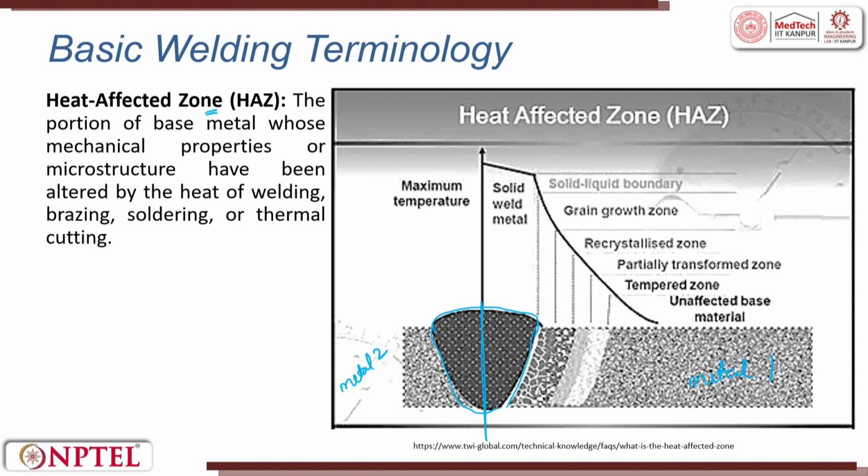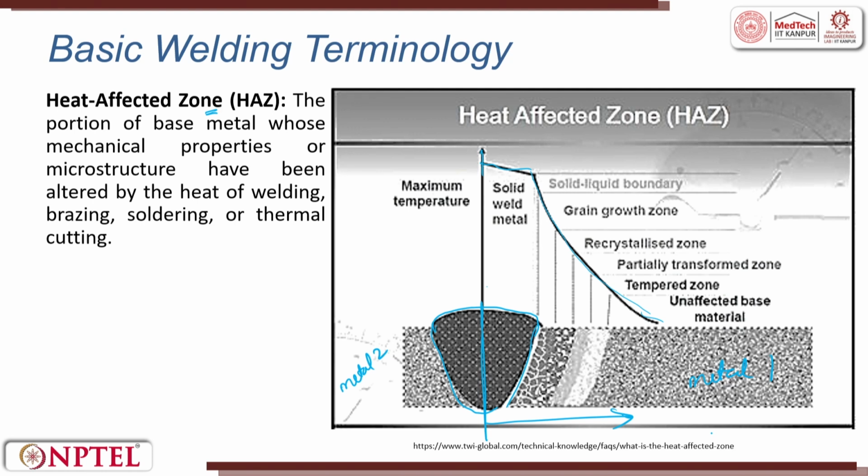Here there will be a lot of heat. When we take the cross section, you can see at the middle portion there will be maximum temperature. As you move along the axis, you will see there is a profile of heat. The temperature drops with respect to the distance we move.